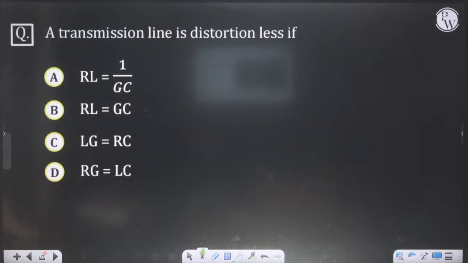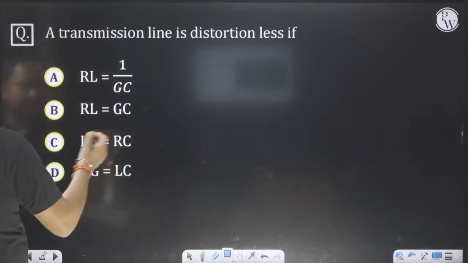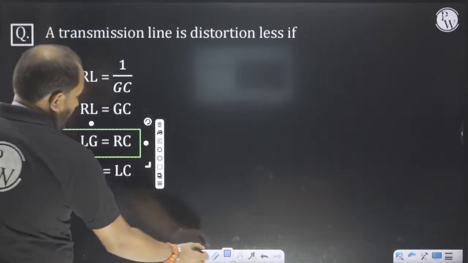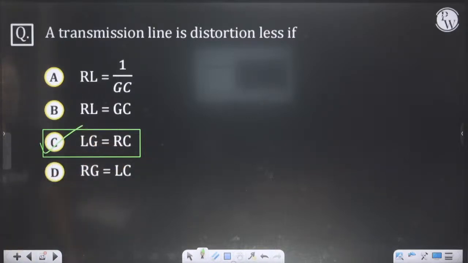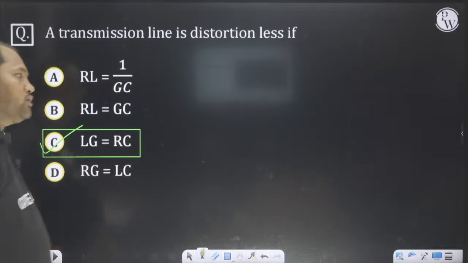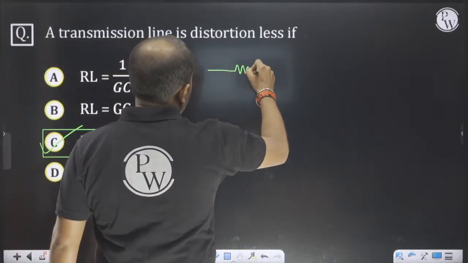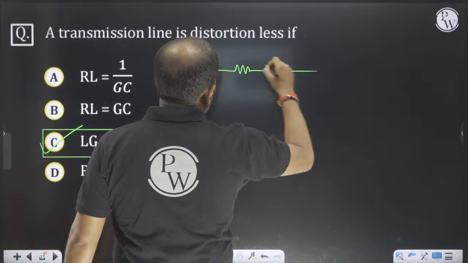Next, transmission line distortionless condition. LG is equal to RC, like I have studied and remembered. So our answer is C. You can also remember by time constant.